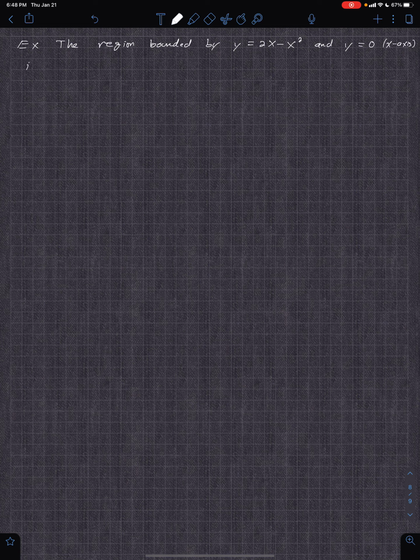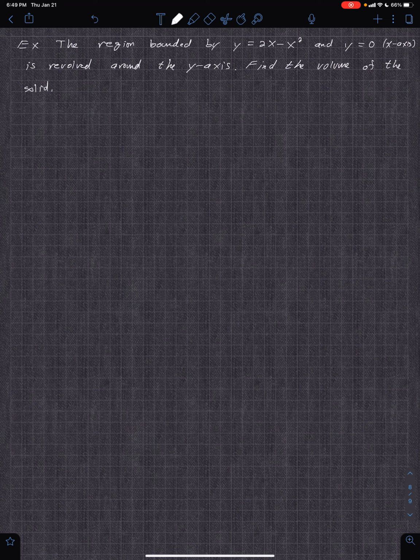Is revolved around the y-axis. Find the volume, or find the resulting volume, or find the volume of the solid.